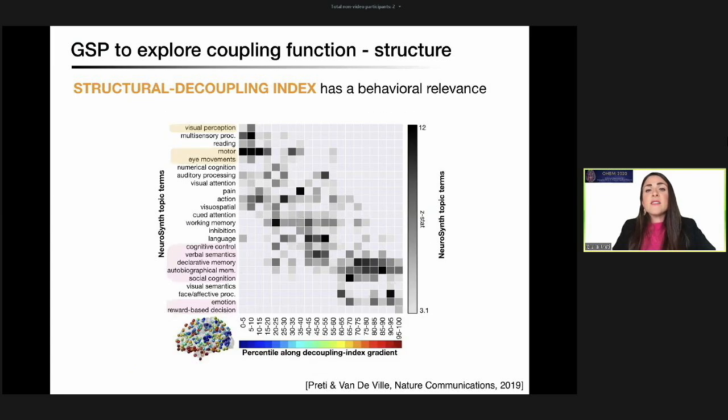This structure-function coupling also has behavioral relevance, shown by this Neurosynth meta-analysis that yields a macroscale gradient going from lower level to higher level behavioral domains when we go from more coupled nodes, the ones in blue, towards more decoupled ones, the ones in red.